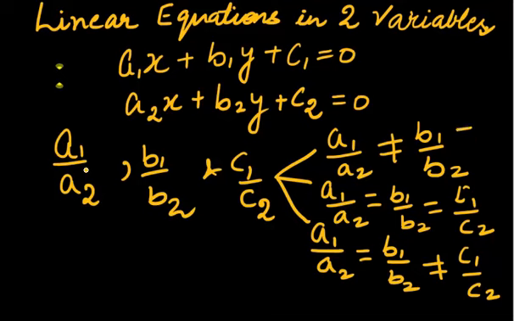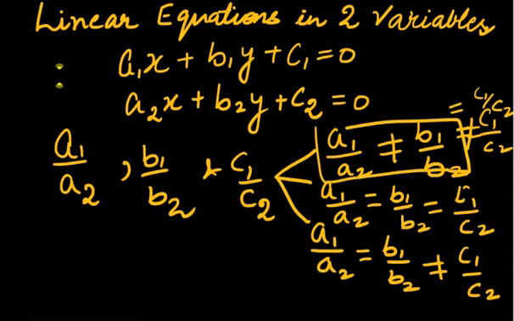Whether they are equal to c1/c2 or not doesn't matter. We will only check this case. If we find the ratio unequal, then it leads to intersecting lines.